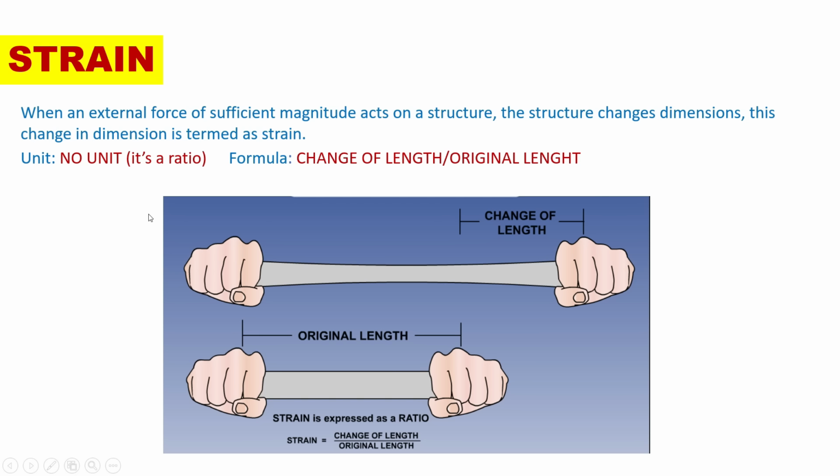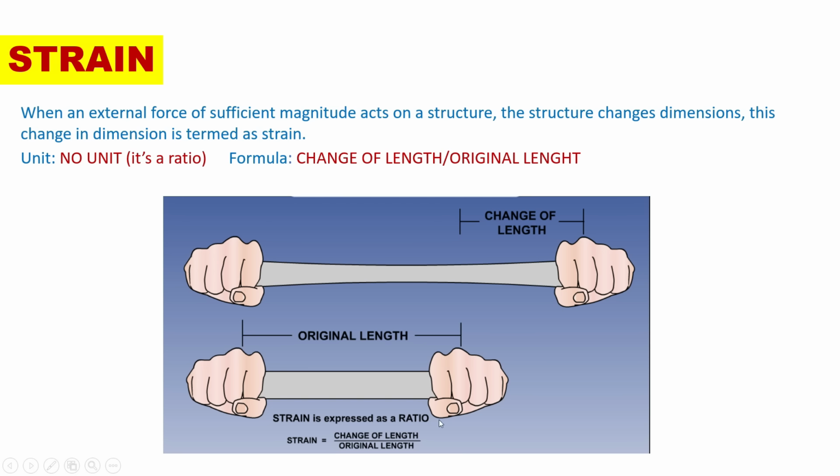Whenever you have the same quantities in the numerator and denominator, you never give any unit to it. Because we have change of length divided by original length, we have length by length, so there won't be any unit. It will be a ratio.